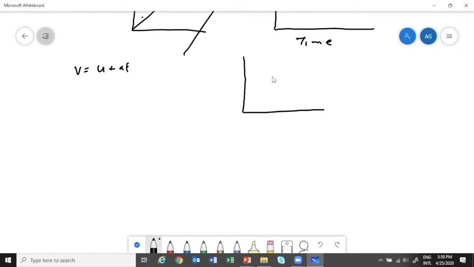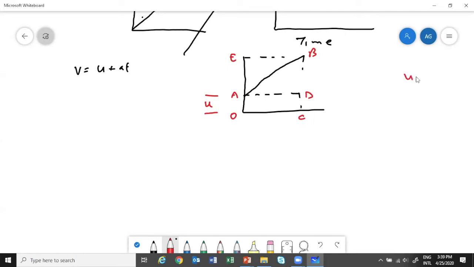Suppose this is a graph and there is uniform acceleration, with points O, A, B, C and D. And this is called U, the initial velocity.